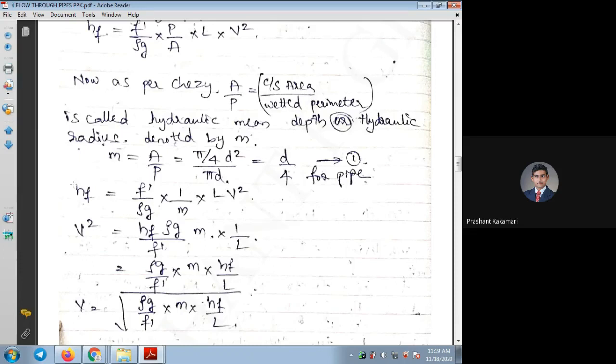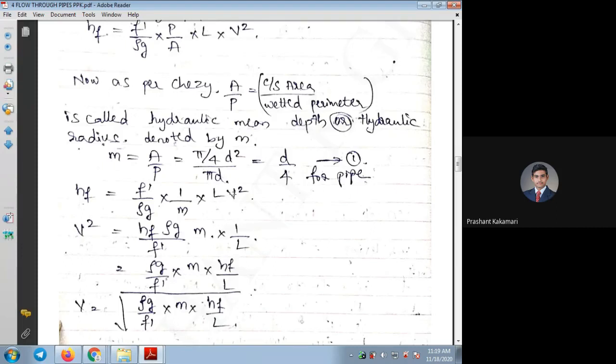After simplification, v square equals hf into rho g into m divided by f dash into L. I hope the point is clear.